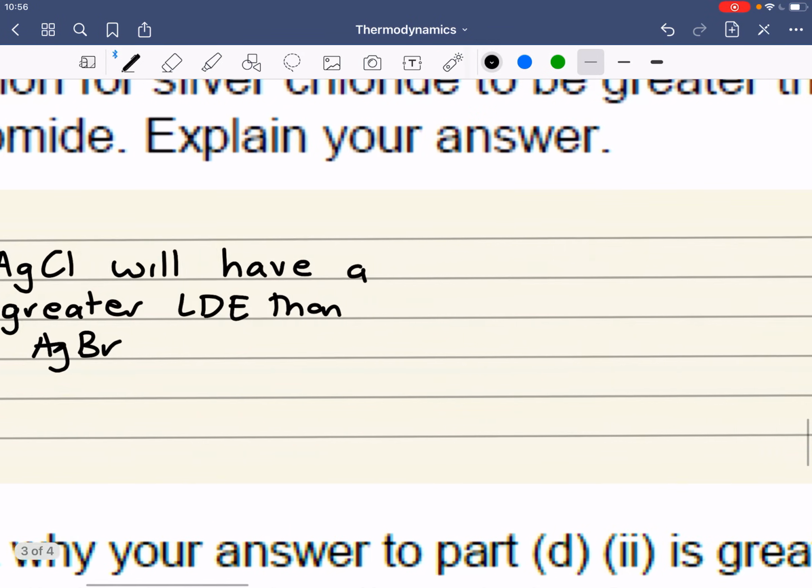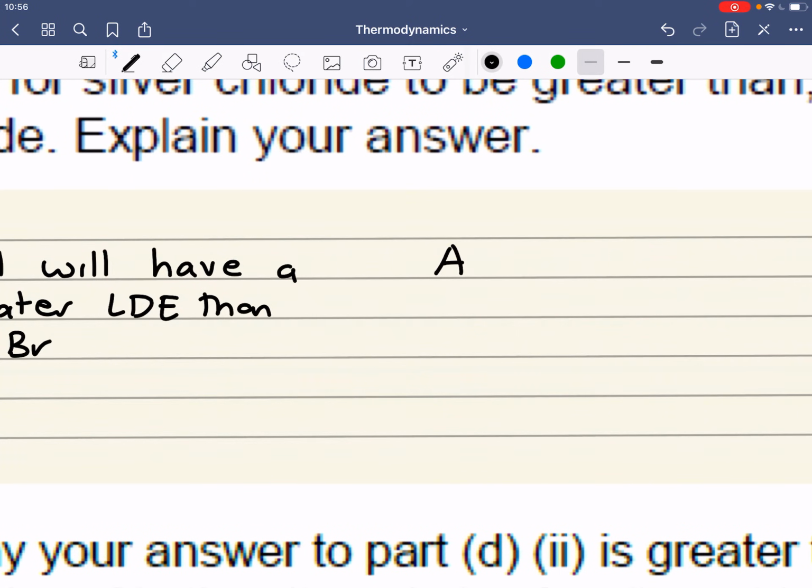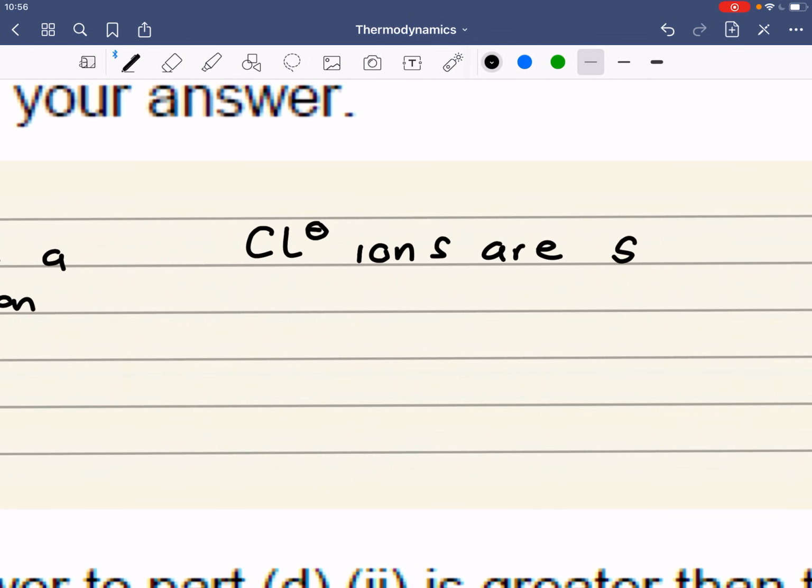Why is that the case? We've got to justify why. The chloride ions are smaller than bromide ions.